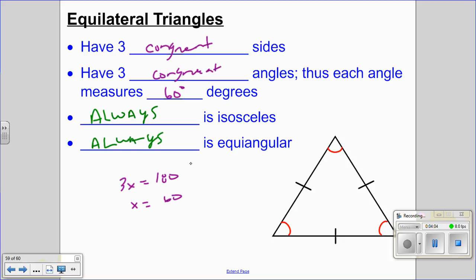All three angles will always be 60 and acute and congruent. Don't forget those facts. So an equilateral triangle will always have three congruent sides and three congruent angles that measure 60 degrees.